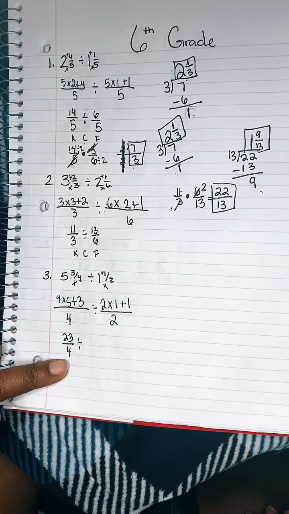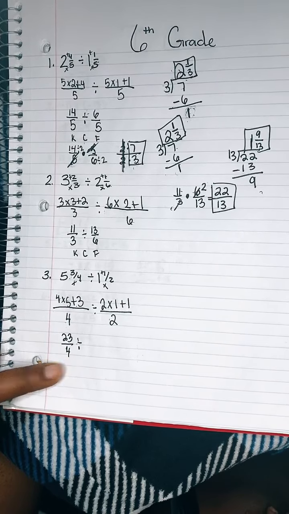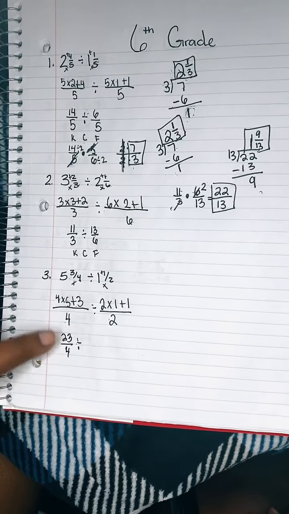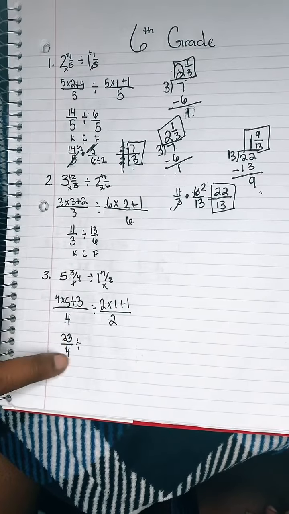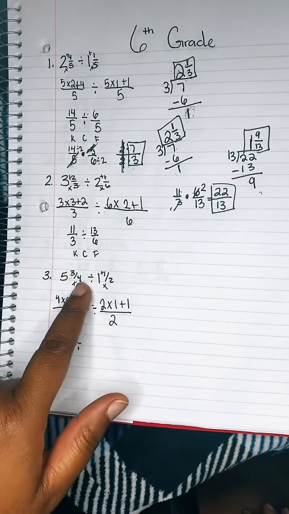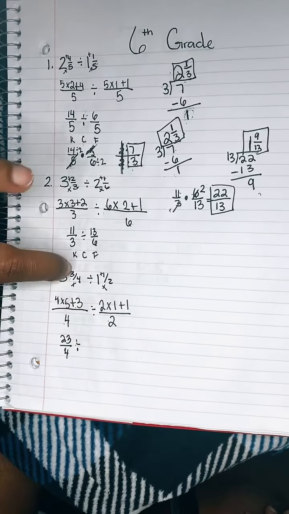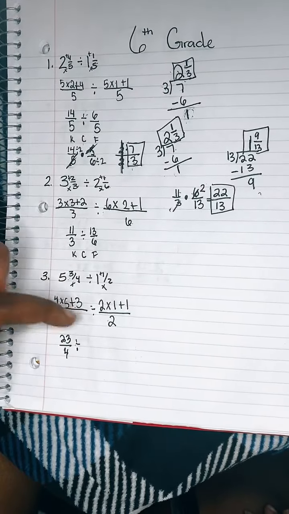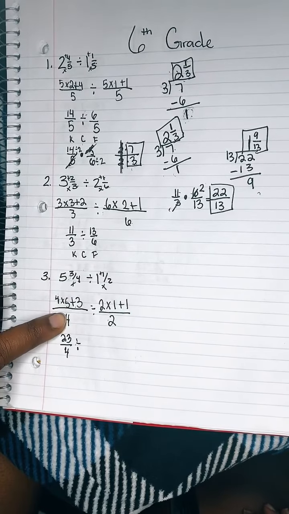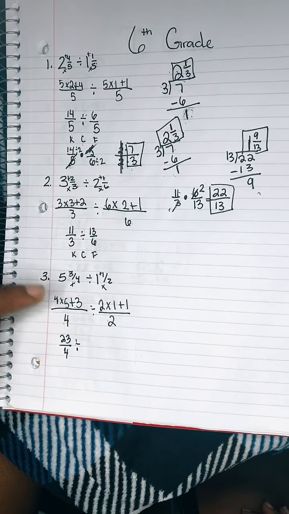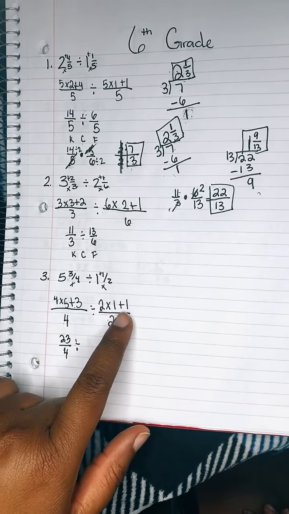Okay? Yep, math is like learning a new language. It totally is. So how we change a mixed number to an improper fraction is we multiply the denominator times the whole, and we add it to the numerator. And we put that over the 4.